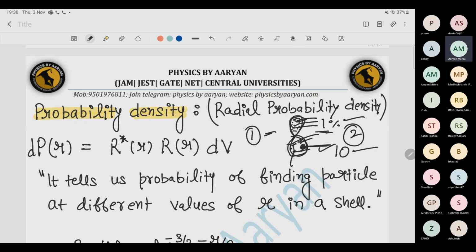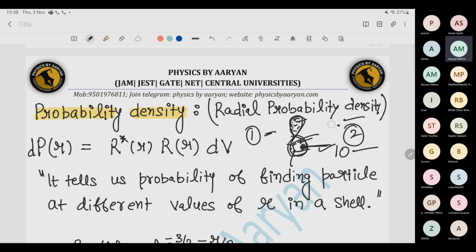In coin tosses, if you do 10 tosses, 5 times you see heads, 5 times tails. The same thing happens here. In a single measurement, you find the electron at one place only, but each time that place will change, and which place comes most often depends on which place has the highest probability.